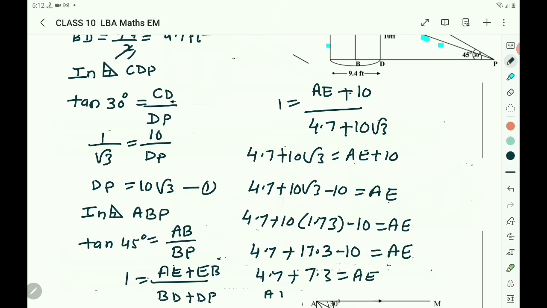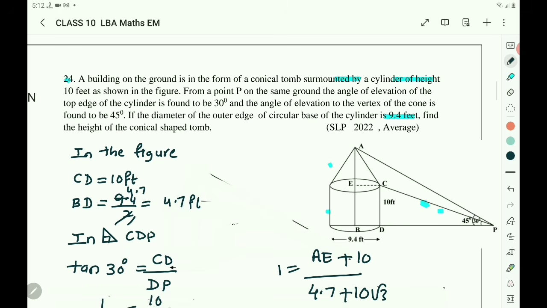So AE is equal to what? The sum of 4.7 and 7.3 is 12 meter. AE is equal to 12 meter. The height of the conical shaped tomb is 12 meter.